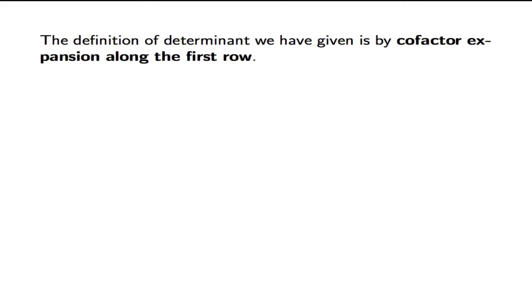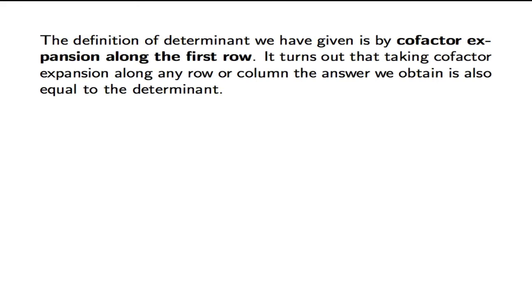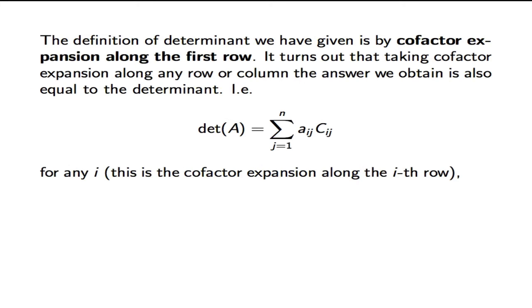Now, the definition we have given of the determinant is known as the cofactor expansion along the first row. And in fact, it turns out that taking cofactor expansion along any row or any column, the answer we obtain is also going to be equal to the determinant.